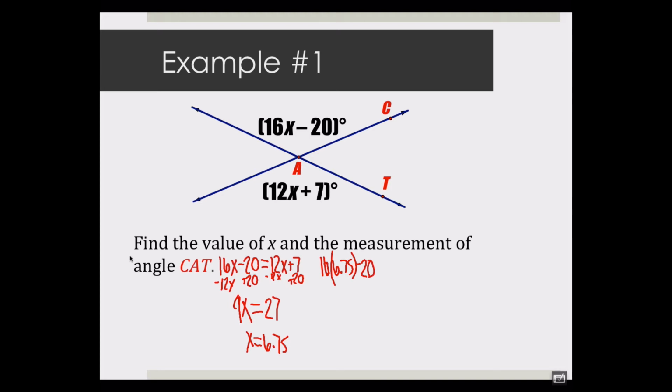While she's working, it appears that it's Grace, right? It appears that Grace got 6.75 for x. How are we feeling about that before she continues? Okay, good.